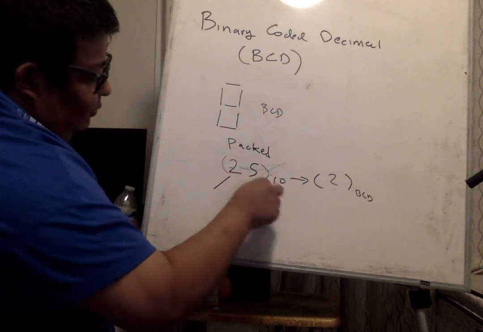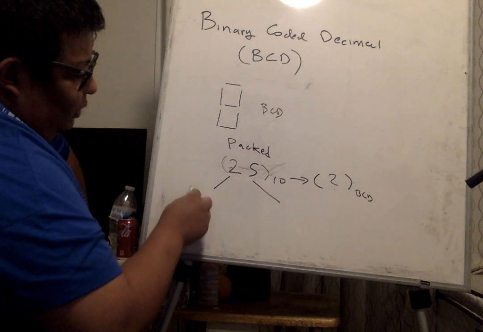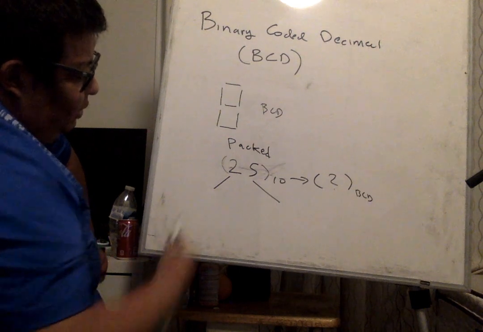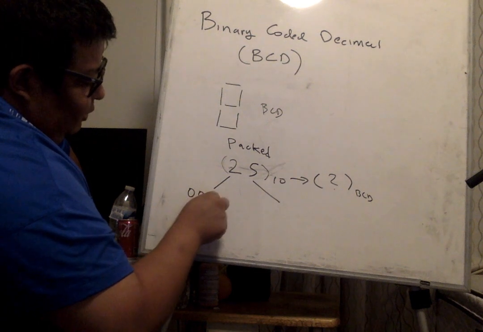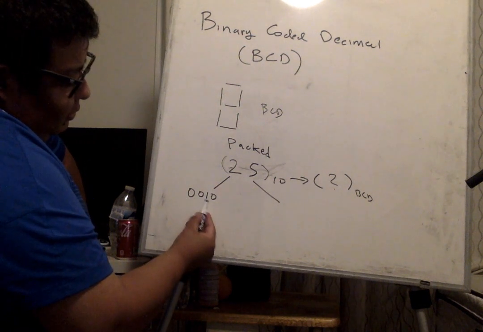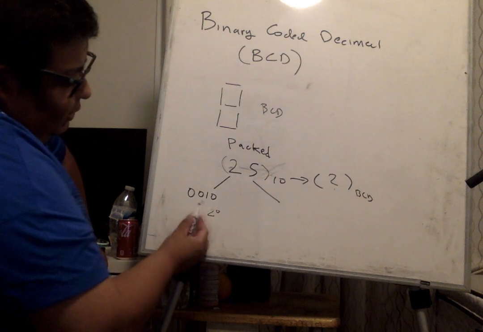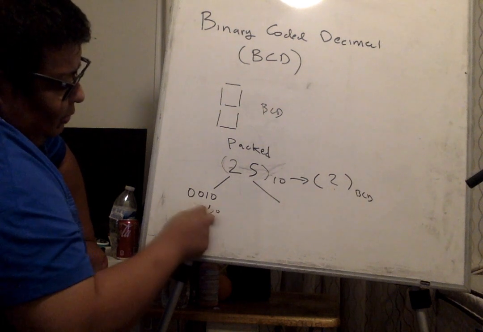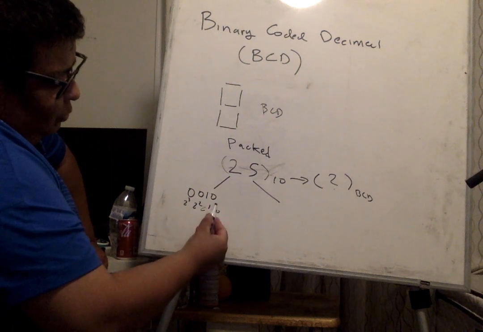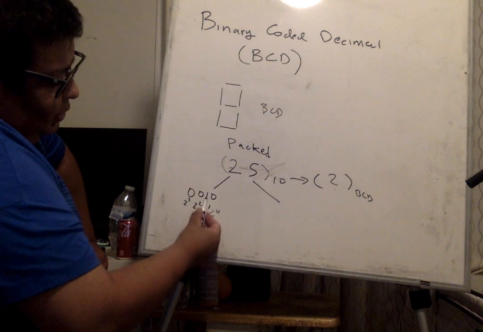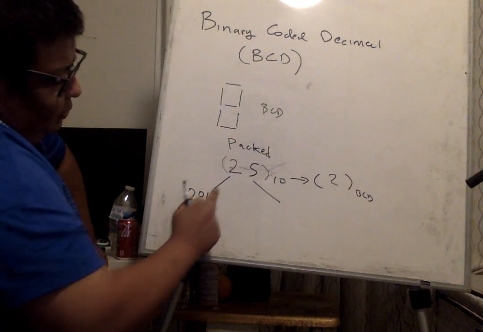Each digit goes from 0 through 9. Let's say 2, for example. We're going to have 0, 0, 1, 0. Remember that in this binary, the first digit is 2 to the 0, the next one is 2 to the 1, then 2 to the 2, then 2 to the 3. So 2 to the 0 is 1, 2 to the 1 is 2. That means 0, 0, 1, 0 represents 2.